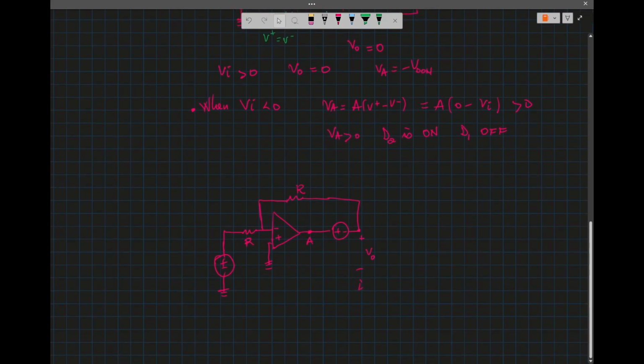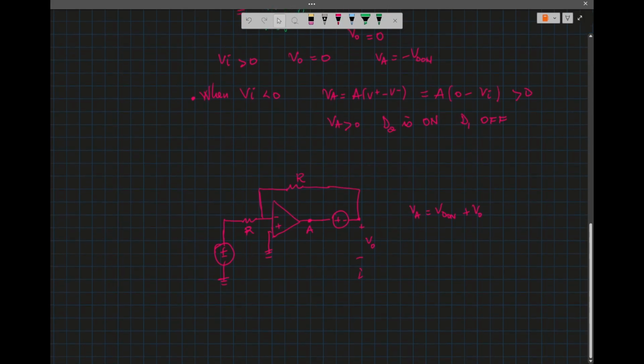For this case, VA will be equal to VD on plus V0. But we know the current in the network, so this is the current I here. If you agree with me, V0 is the voltage from here to here, because this is still virtual ground.